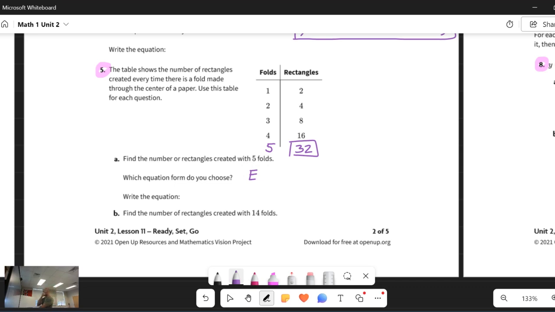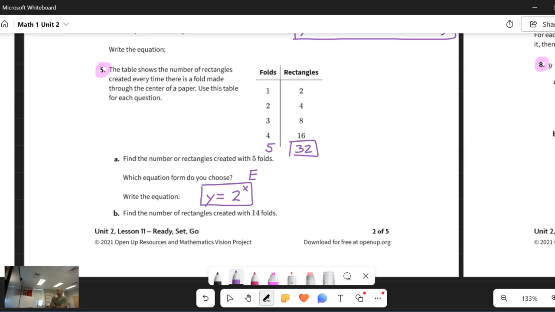To write the equation here, not a whole lot going on. y is equal to, if it's doubling and we started at 1, we don't have to have a first number because that would just be 1 and that's no fun when we're just multiplying. So we get 2 to the x power. That's as simple as we need it to be.